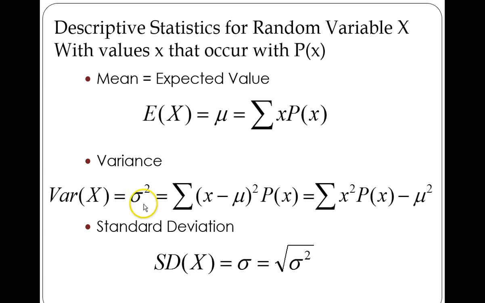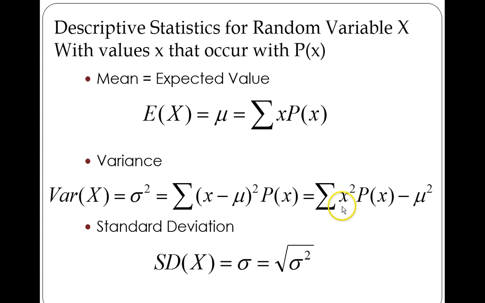The variance, or sigma squared, is the sum of the x value minus the mean squared, and so this is how we always start this, but now for each value of x we're going to multiply by the probability of that value. And this equation simplifies, and this is definitely a big help, to the sum of x squared times p of x.